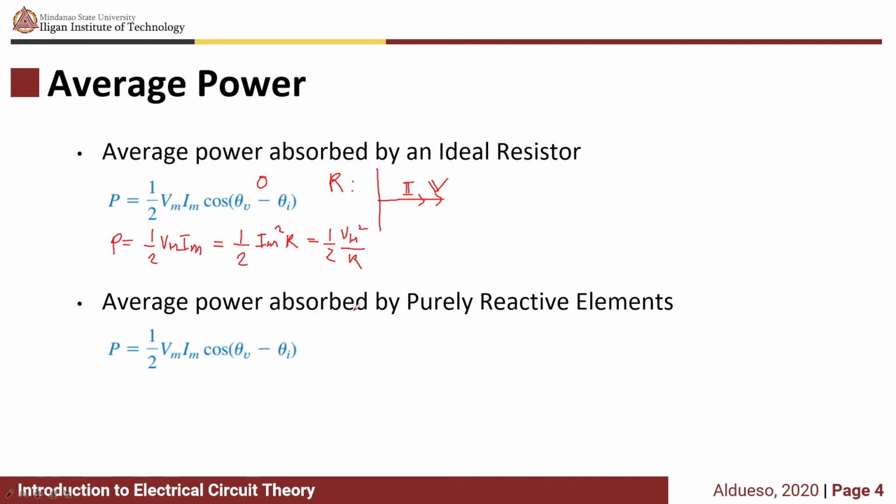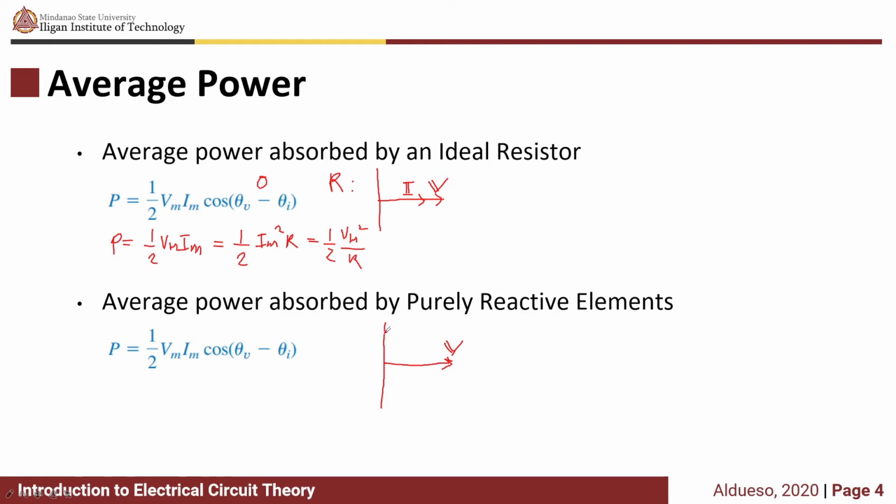Now for purely reactive elements, if this is our v, the difference between the phase angle of the voltage and the current is positive 90 or negative 90, depending on whether it is a purely inductive element or a purely capacitive element.